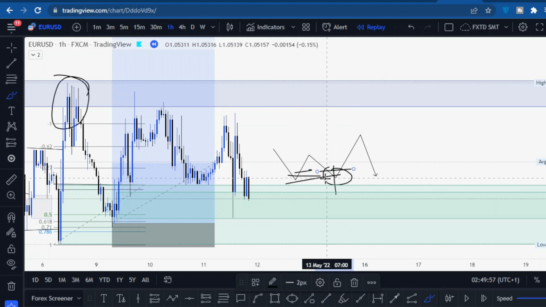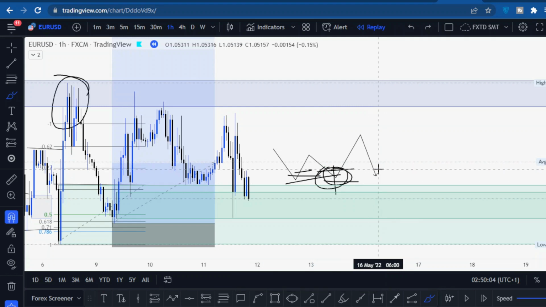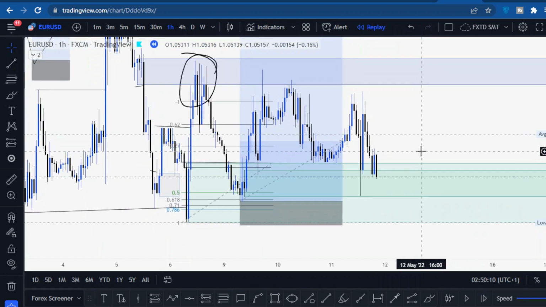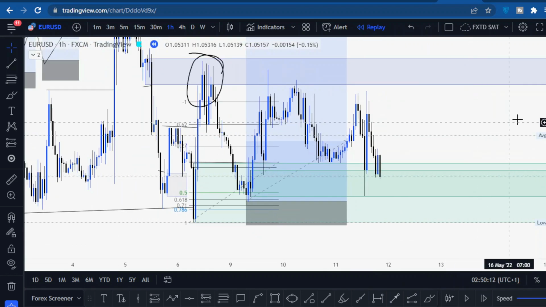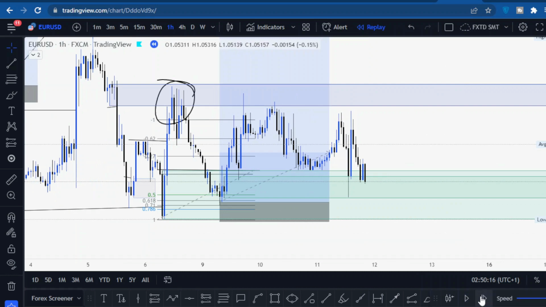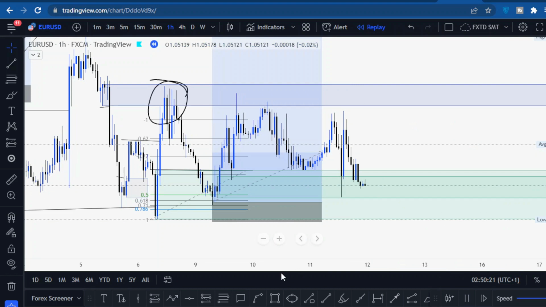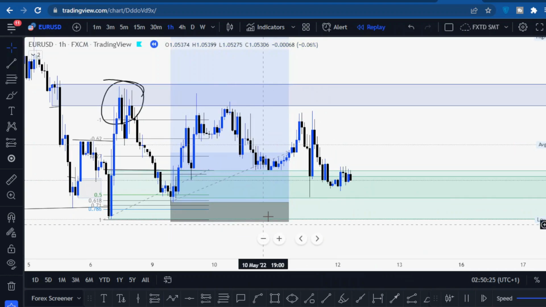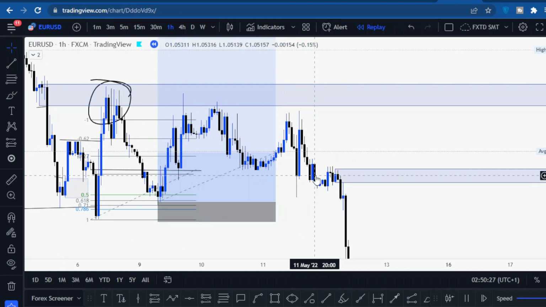But the truth is this one is stronger than this one, especially if it is just a retracement. Unless price is working, you are trading alongside the trend, not trading a retracement. So if you are trading a retracement or a consolidating market, it might not always work like that.